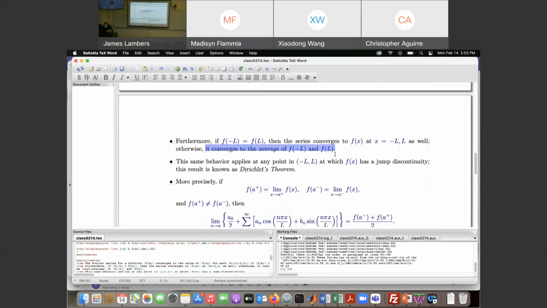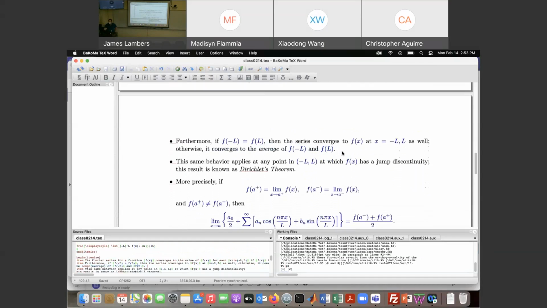So in this situation, suppose f is not actually 2L periodic. So the values of f of L and f of minus L disagree. So in that case, what are you going to converge to? The values are different, so it converges to their average. And in general, if in the middle of the interval f has a jump discontinuity, again, the Fourier series will converge to the average.